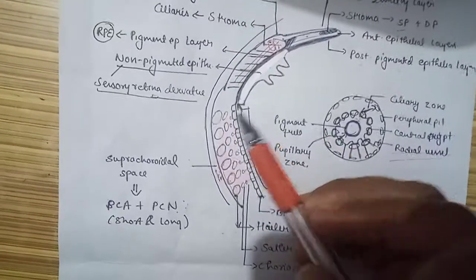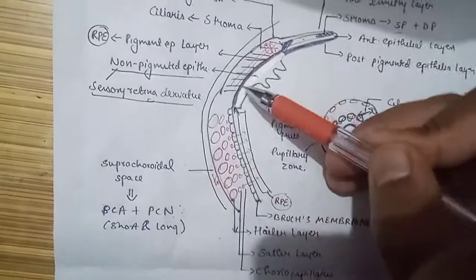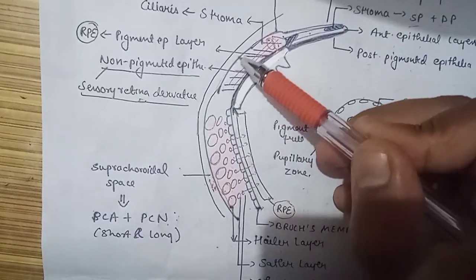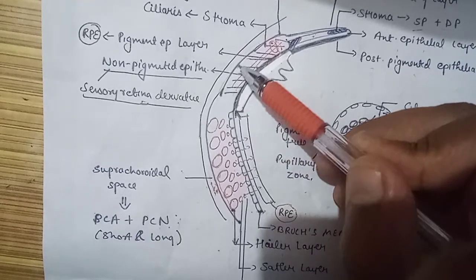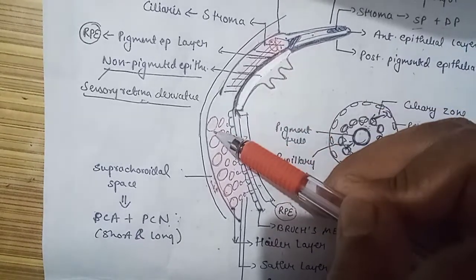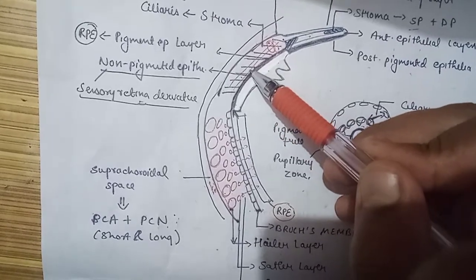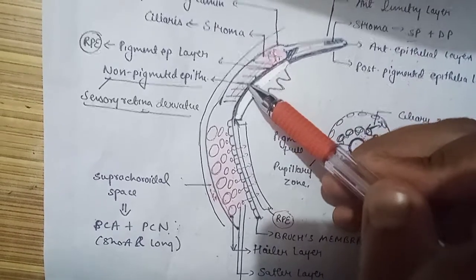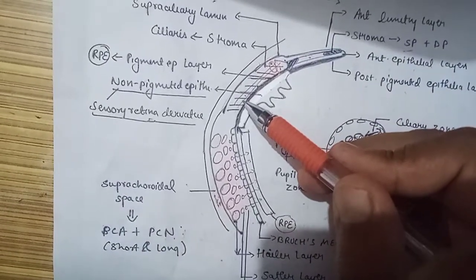Okay, so now let's make things easy: this suprachoroidal lamina will continue as the supraciliary lamina. So the first layer of the ciliary body will be the supraciliary lamina, and then there will be the stroma, and this stroma will consist of the ciliaris muscle. The ciliaris muscle is important for accommodation and for uveoscleral outflow.